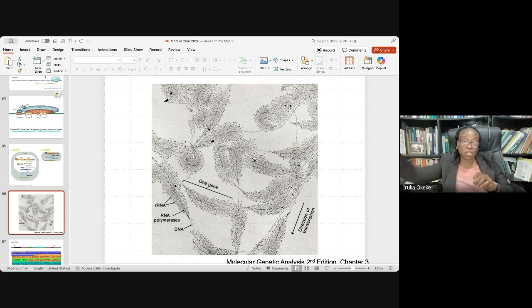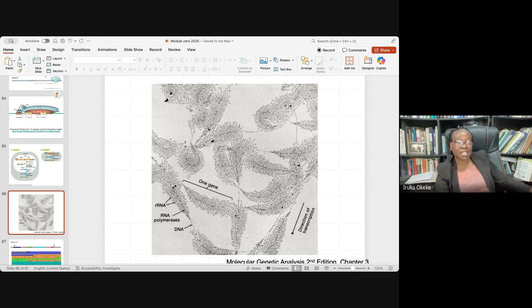So one molecule of RNA is coming off, another molecule of RNA is coming off, and so on. When you look at these molecules of RNA, if you stain them, you can actually see that they look like a Christmas tree. Okay? This is the start of the gene, the smallest molecule just coming off. This is the end of the gene where the larger RNA molecule is coming off.